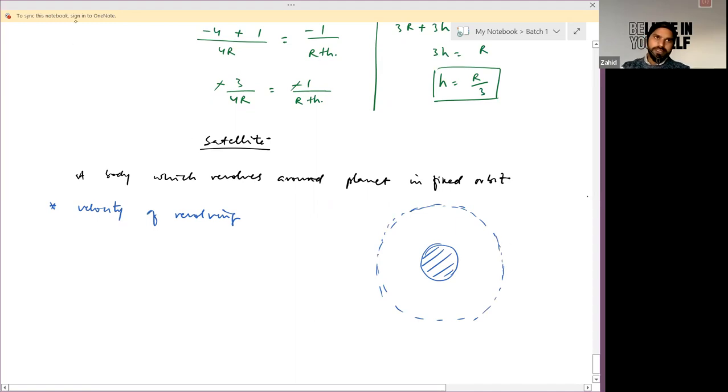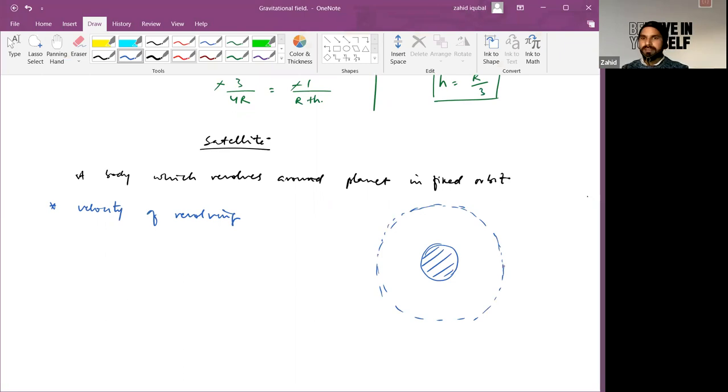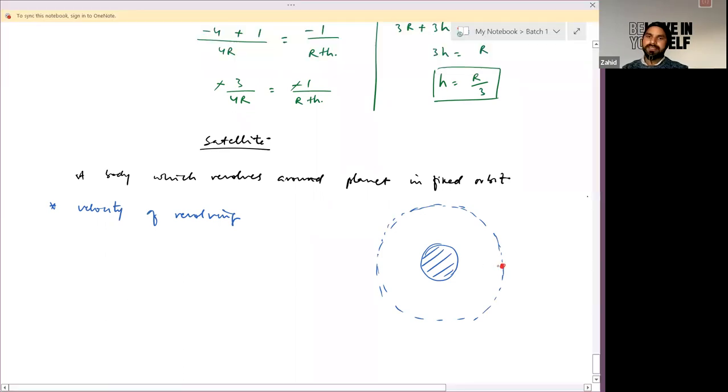To move a body in a circular orbit, there should be some force from the center to balance the necessary centrifugal force acting on it.